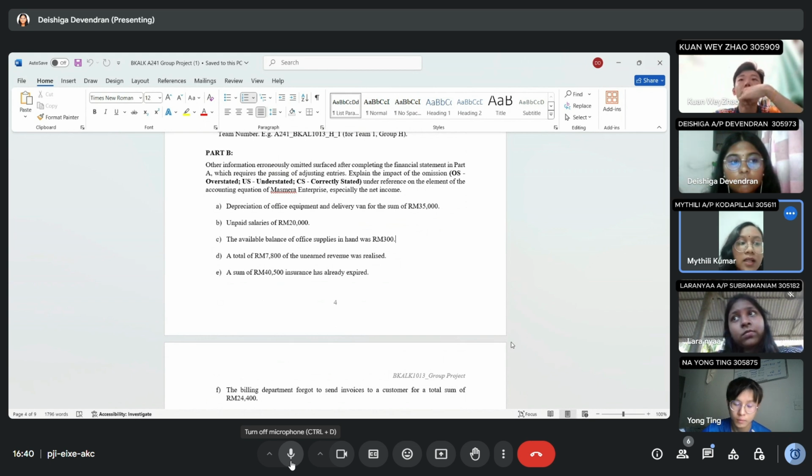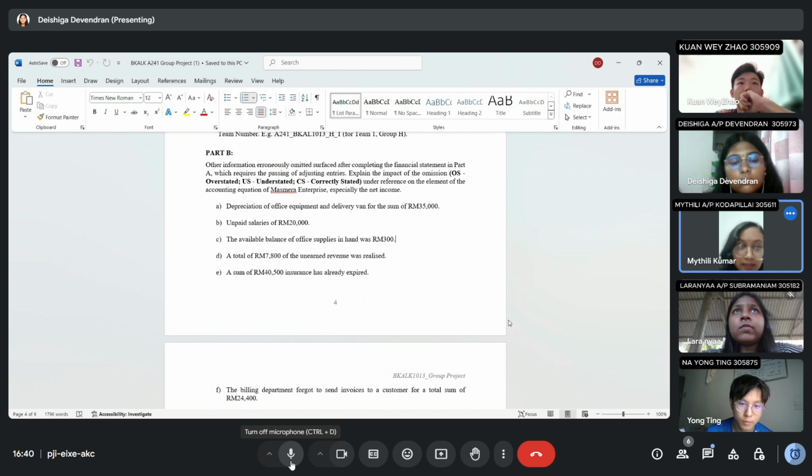This is because depreciation reduces the value of fixed assets through accumulated depreciation, so without the adjustment, the asset remains too high. That is why assets are overstated. For liability, it is correctly stated because depreciation does not affect liability.